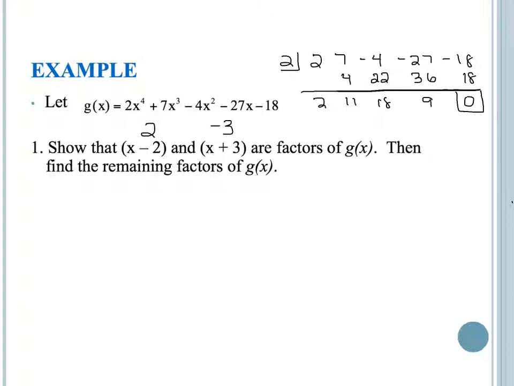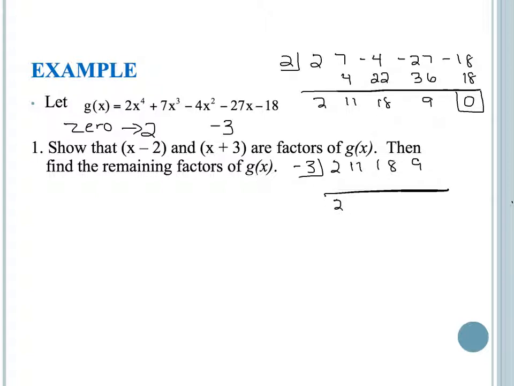That is our proof that we have x minus 2 with the value of 2 as a 0, as opposed to just using your graphing calculator and seeing that it looks like it crosses the x-axis at 2. Now we have to reproduce this work with the negative 3, and so I will use the suppressed equation, or the suppressed polynomial, using the negative 3.